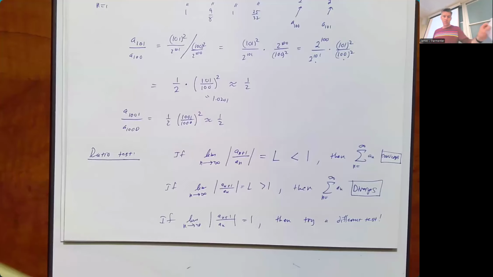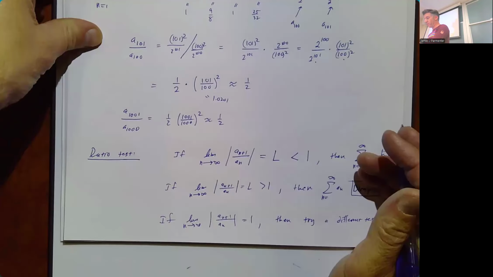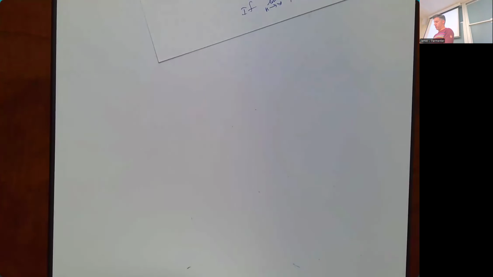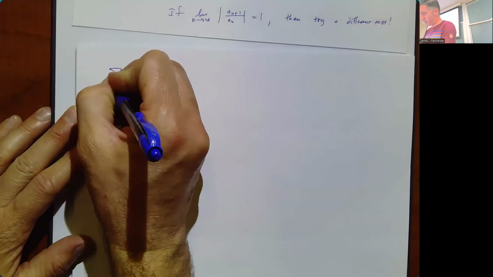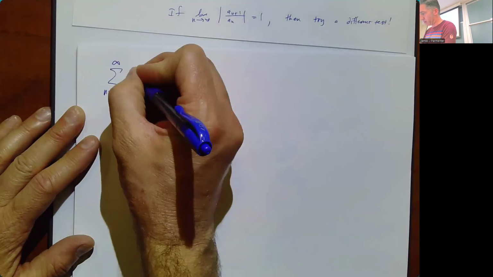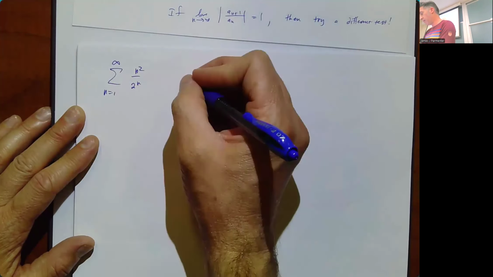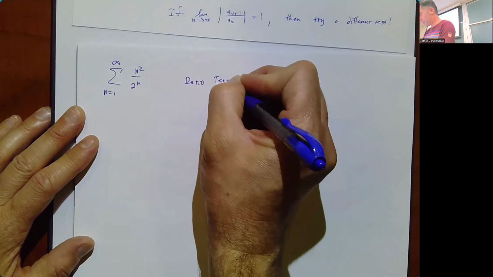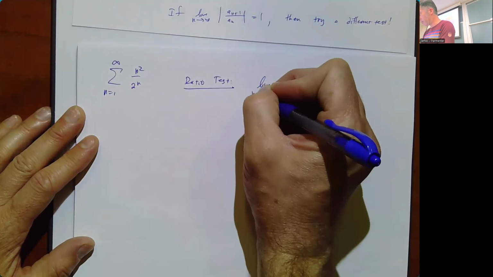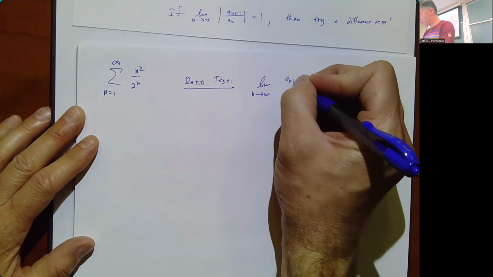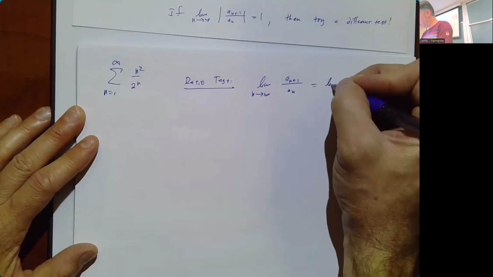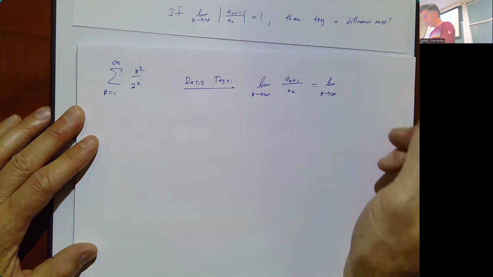So what we can say here for this previous example, actually writing it out, is that for the sum from n equals 1 to infinity of n squared over 2 to the n, if we apply the ratio test and take the limit as n goes to infinity of the n plus 1 term over the nth term, watch how we do this here.